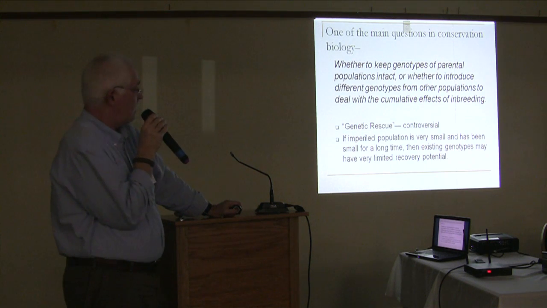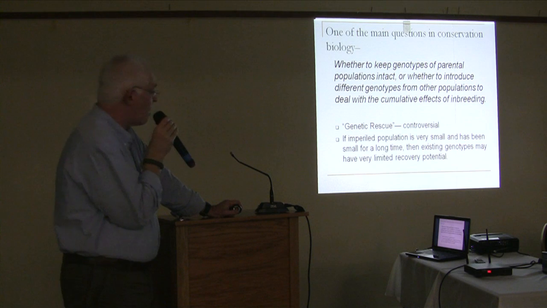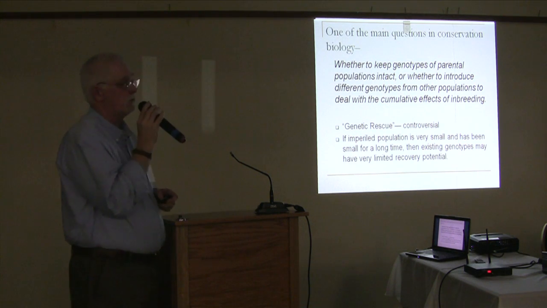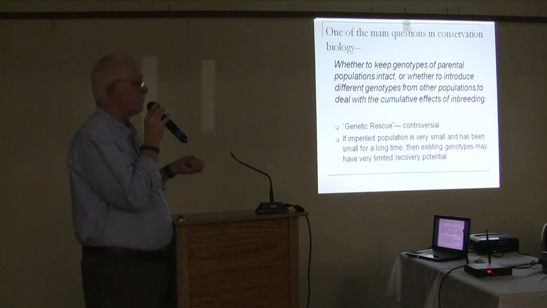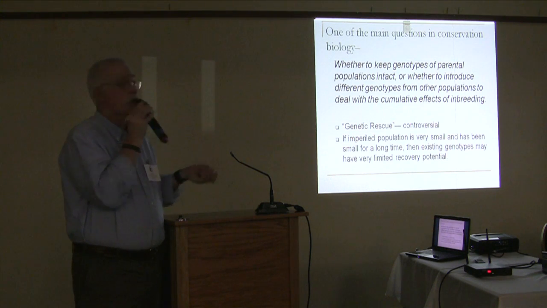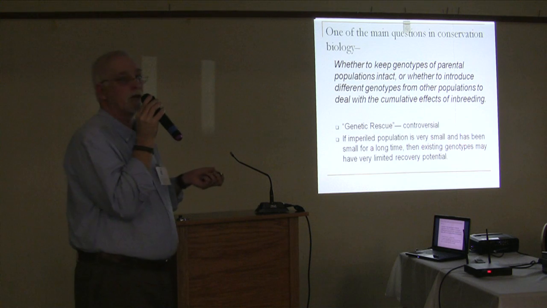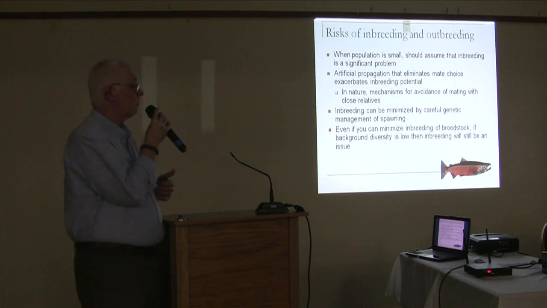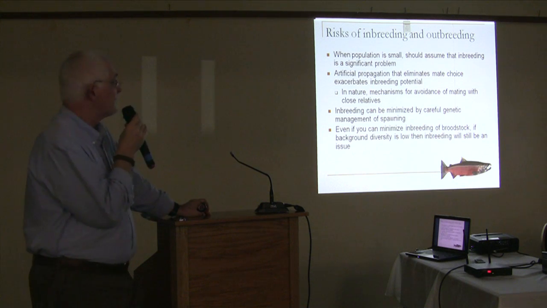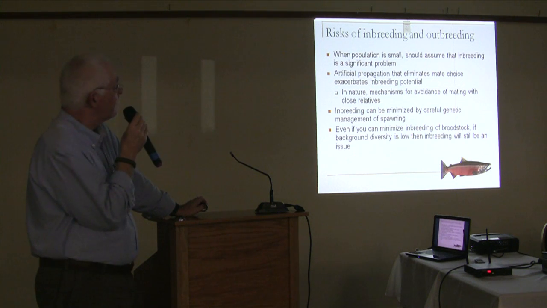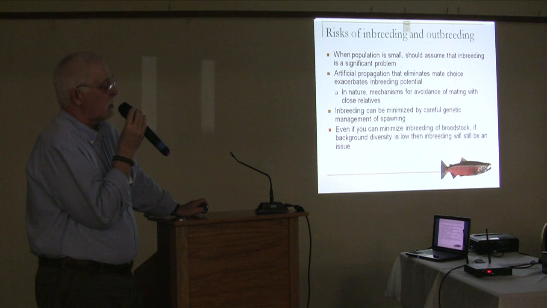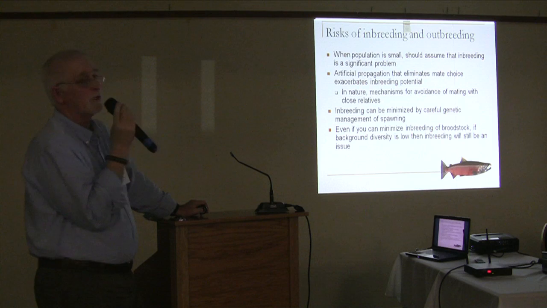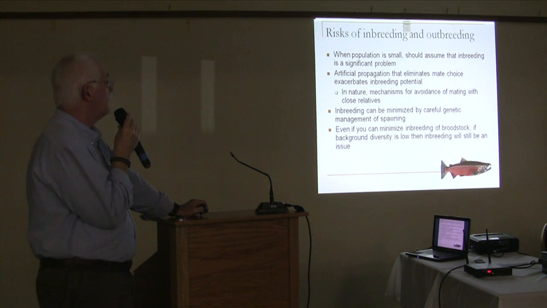If an impaired population is very small and has been small for a long time, then the existing genotypes may have very limited recovery potential, and you may be forced to move on to an outbreeding scenario, which we have in some cases. I was asked to talk a little bit about the risks of inbreeding and outbreeding. So to summarize, when a population is small, you should assume that inbreeding is going to be a significant problem.